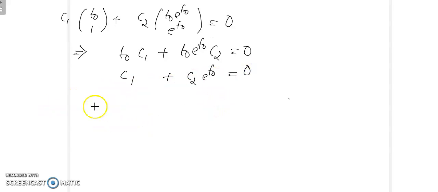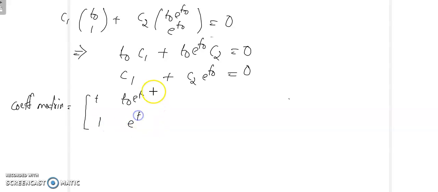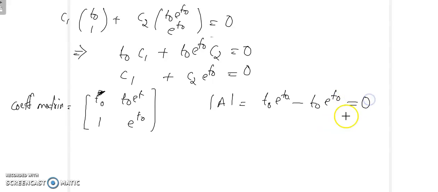So this is a linear system of equations. The coefficient matrix A has rows t naught, t naught e raised to t naught and 1, e raised to t naught. When you take the determinant of A, that will be t naught e raised to t naught minus t naught e raised to t naught, which is equal to 0.